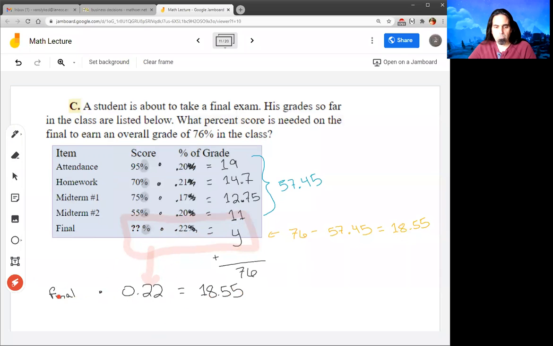This we know how to do. Something times something else is this other number. We need to divide both sides by 0.22 to get our unknown by itself.